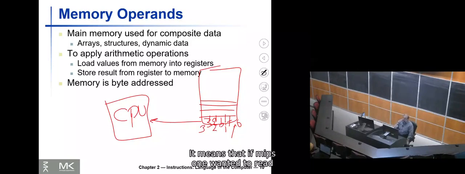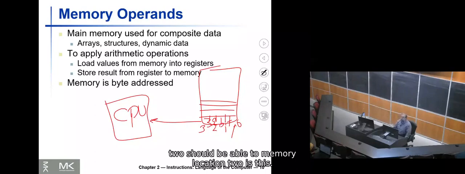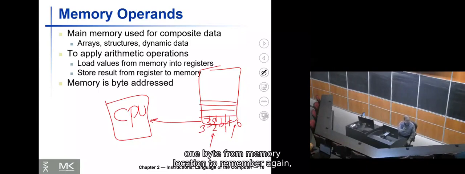It means that if MIPS wanted to read 1 byte from memory location 2, it should be able to. Memory location 2 is this. So MIPS should be able to read 1 byte from memory location 2.